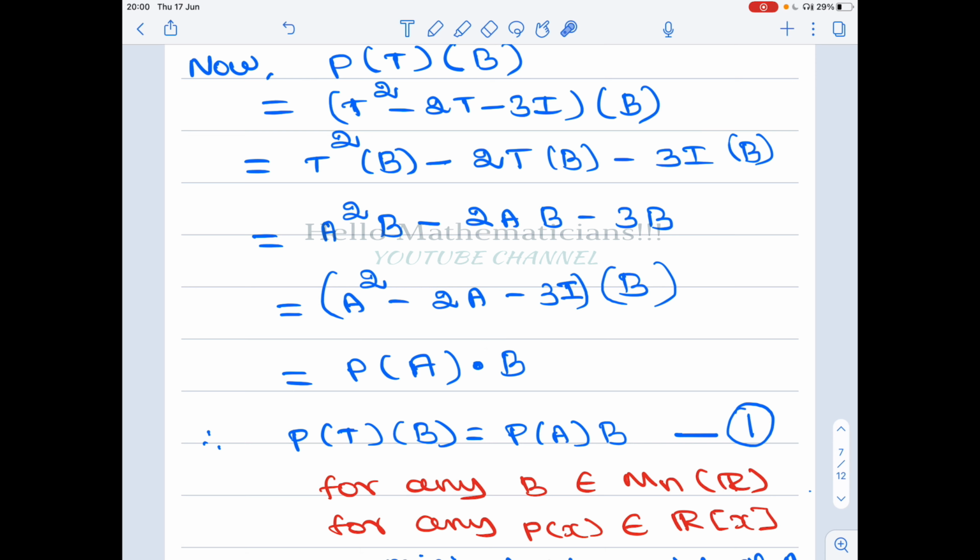So you consider the linear transformation T and you evaluate it in some polynomial, and you get a new linear transformation.